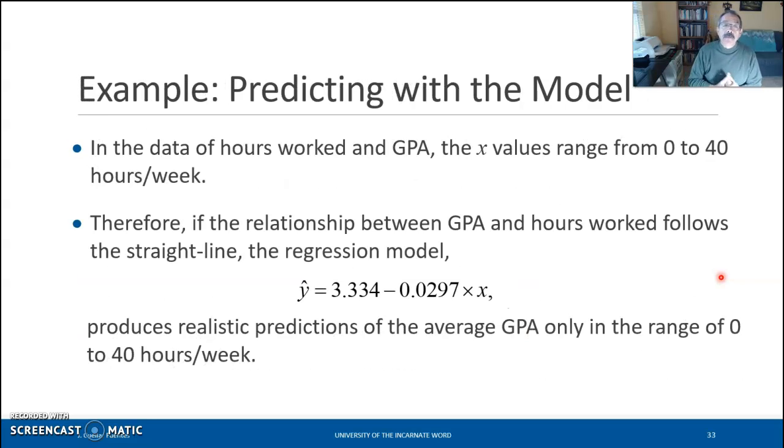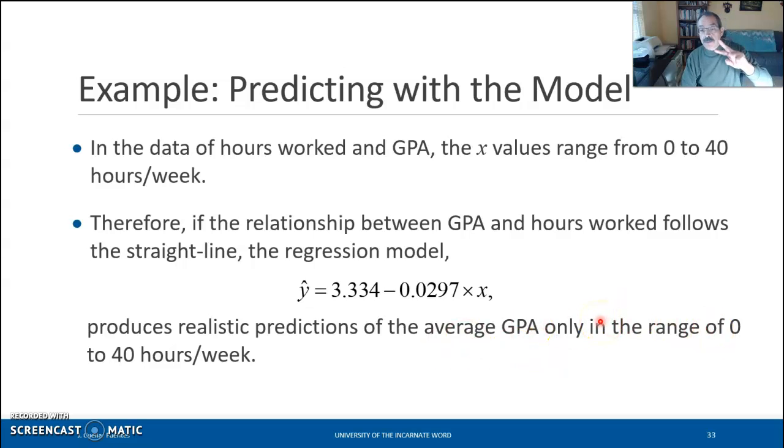Going back to the model that we were fitting to the data, in the GPA versus hours worked per week, the hours worked per week span from 0 to 40 hours per week. If the relationship between GPA and hours worked per week follows a straight line, then the regression model that we fitted to that data will produce realistic predictions of the average GPA only in the range from 0 to 40 hours.